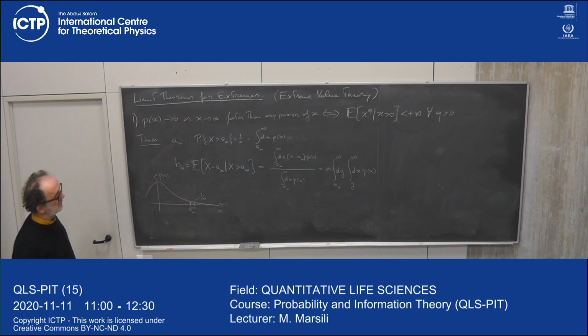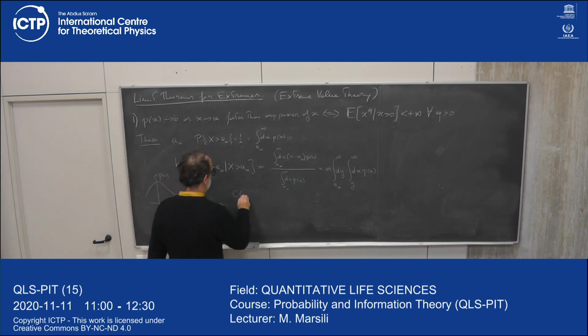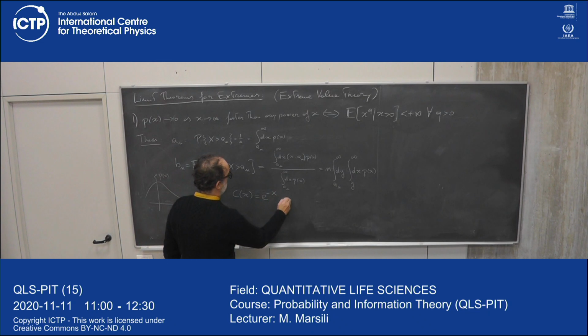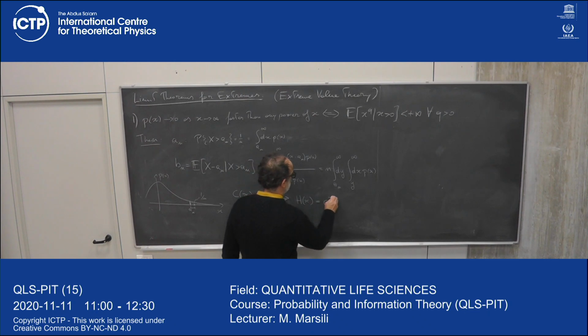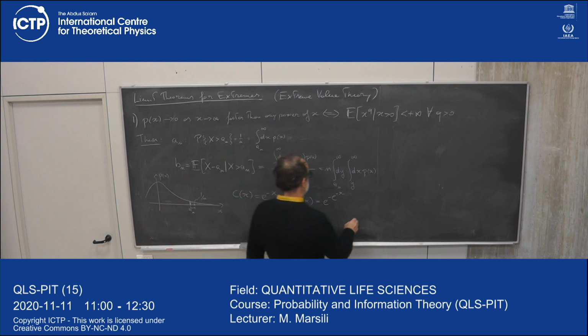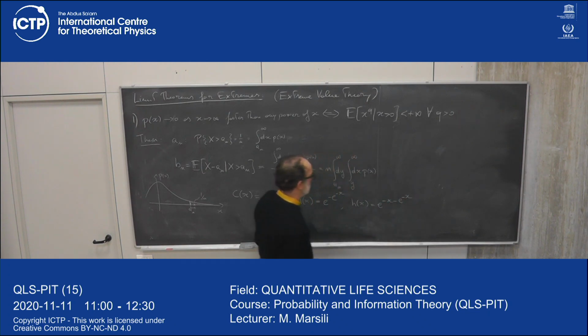Okay, and the limit distribution. In this case, the function c of x that you find is the exponential, which means that the cumulative distribution is a double exponential, or if you want the PDF is e to the minus x minus e to the minus x.